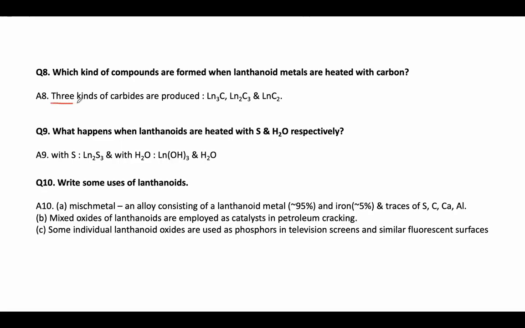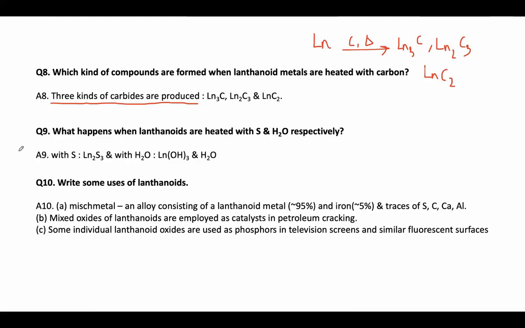There are typically three different kinds of carbides produced when we take lanthanum and heat it with carbon. The first one is Ln3C, the second one is Ln2C3, and the last one is LnC2. So these three are the typical kinds of carbides formed when lanthanide metals are heated with carbon.